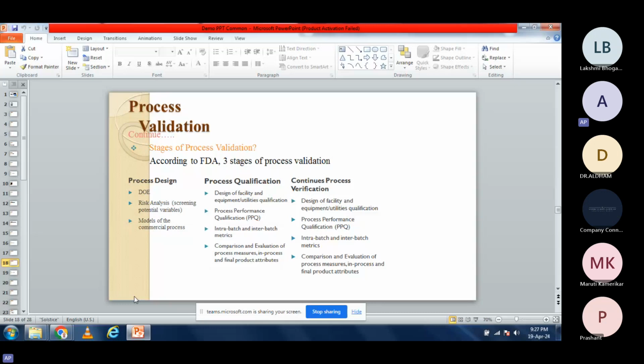In process performance qualification, we take a minimum of 3 batches of a particular process and monitor how the first, second and third batches differ from each other, as well as how parameters within a particular batch differ from each other. That is called inter batch and intra batch variability. When the process performance qualification is completed, the commercial manufacturing of the process will start.